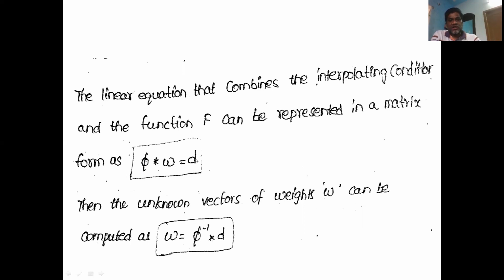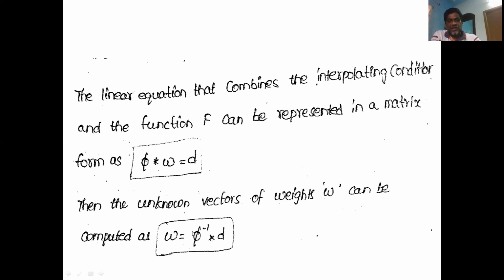The mapping equation now becomes phi into W equals D. Then we need to calculate for what W this mapping will happen. W can be calculated using the formula W equals phi inverse into D.